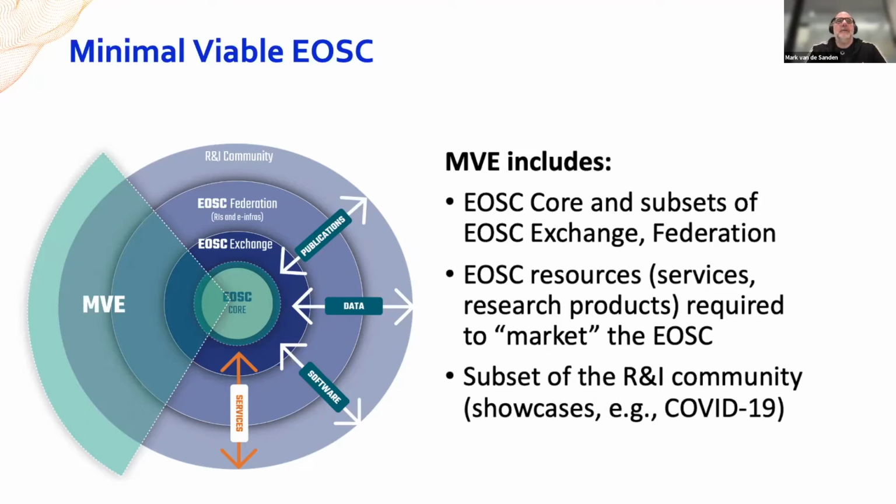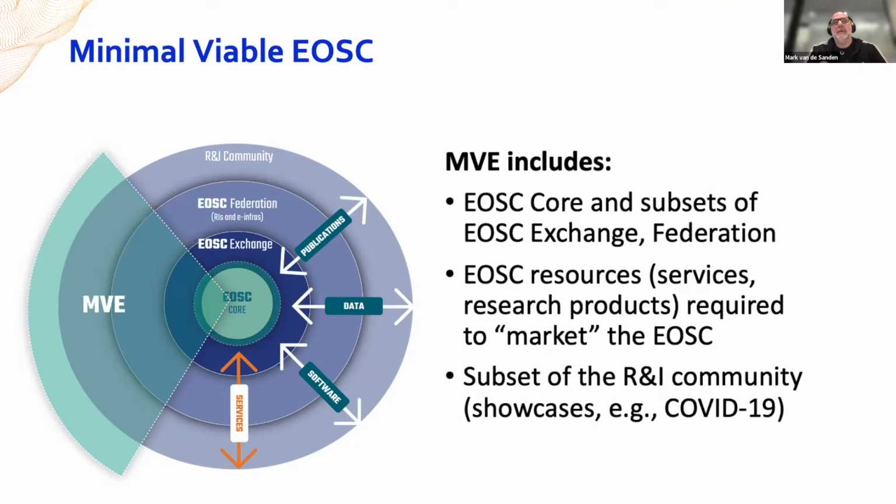And if you then look at what is the minimal viable EOSC, it is the basics, the fundament which you have, that's the EOSC Core. You need a minimum set of goods made available through the exchange. Therefore, you need a certain set of providers making those goods available through the exchange, but also you need users making use of those resources made available.